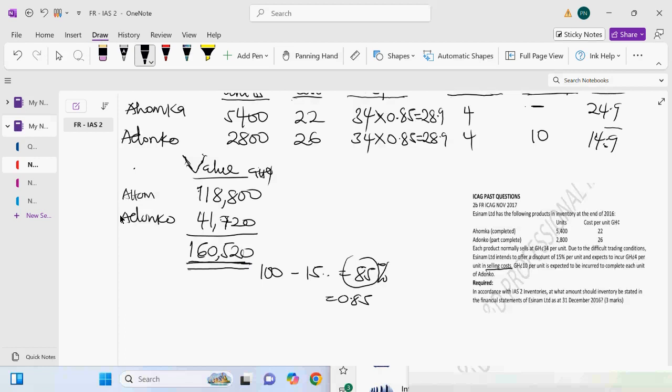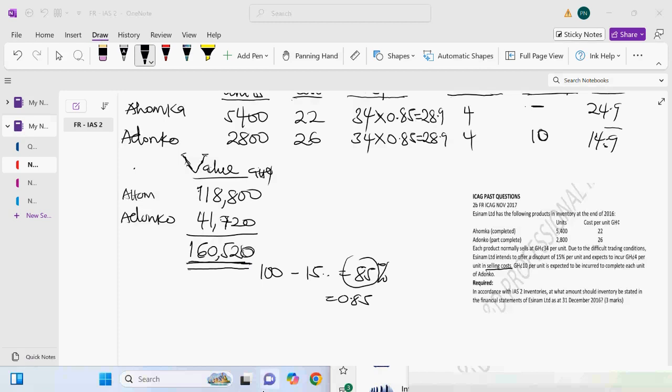I told you that the key thing under inventory is the lower of cost and net realizable value. You know the measurement, but it's the measured amount that will be sent to the financial statement. So which amount will be sent to the financial statement? It's 160,520 for inventory. Any question?